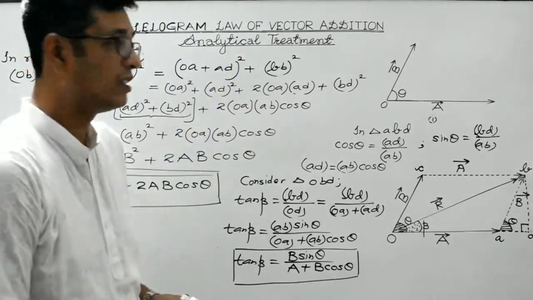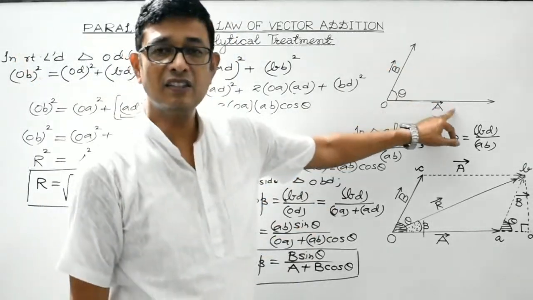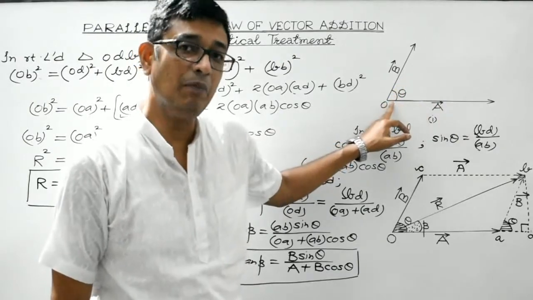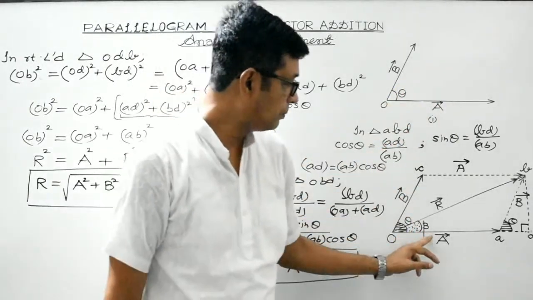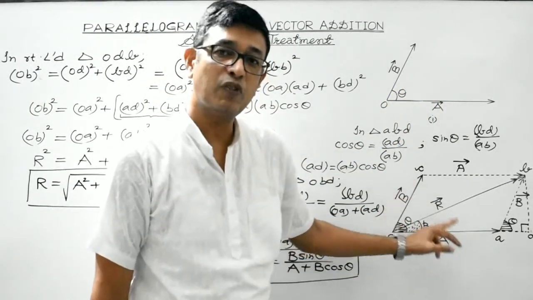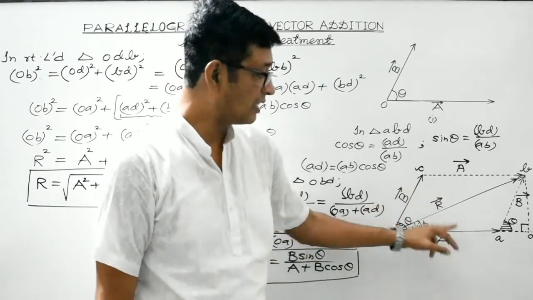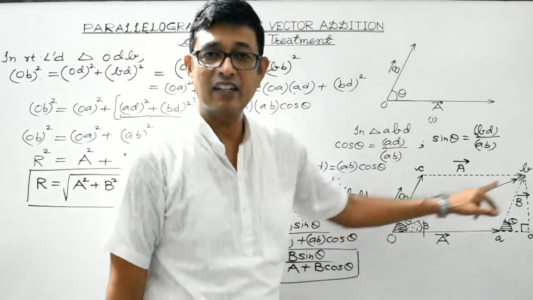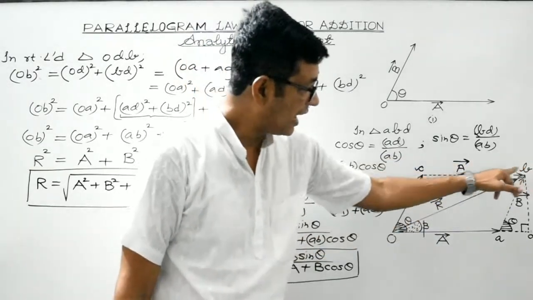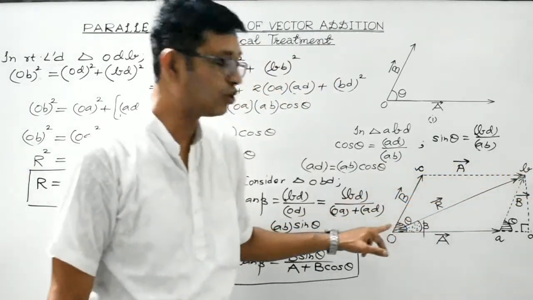Students, I repeat, if the two vectors acting on a particle simultaneously be represented by the two adjacent sides of a parallelogram acting at a point, then their vector resultant both in magnitude and direction is given by the diagonal of the parallelogram passing through the same point.